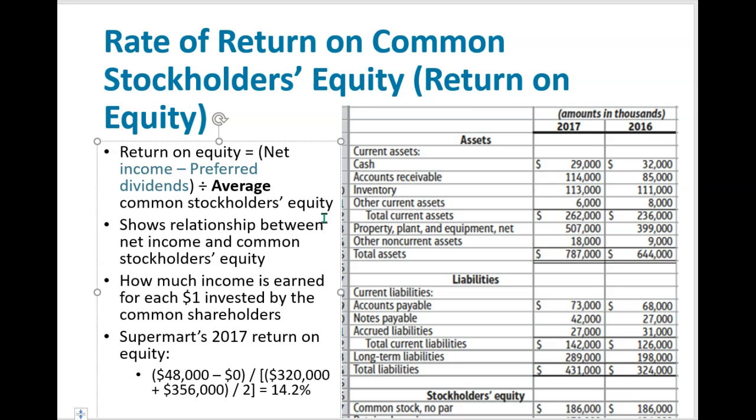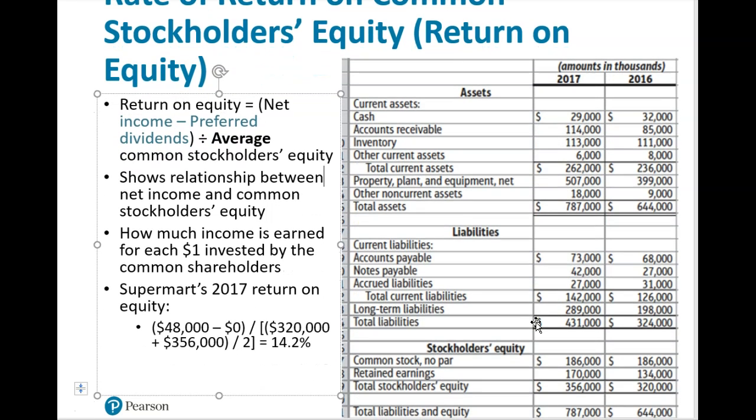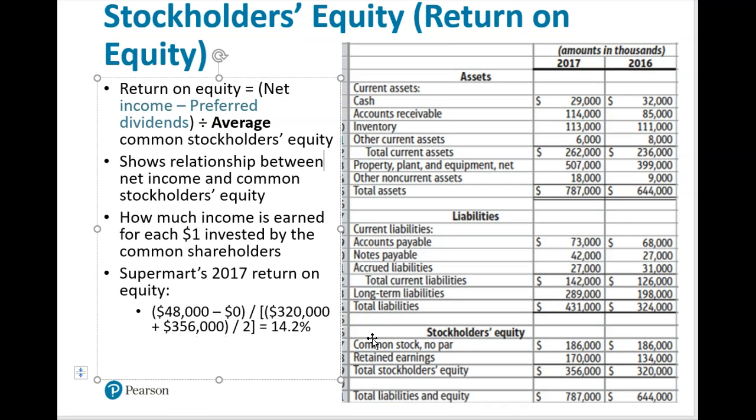So net income minus preferred dividends divided by average common stockholders' equity. It's the relationship between income and common stockholders' equity.